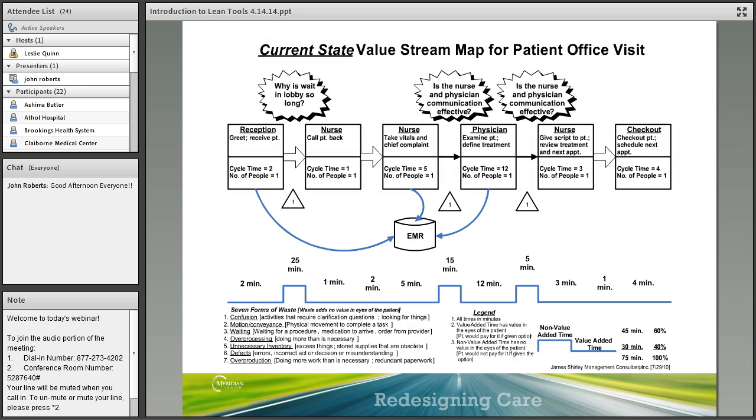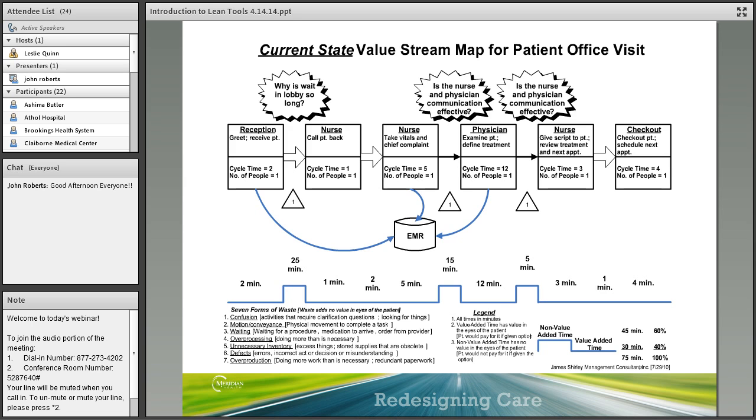The boxes or bursts that you see on the top of those particular steps in the process are what we call Kaizen bursts. Those are really the low-hanging fruit, things that are wasteful that we know we can eliminate right away. They're kind of no-brainers.